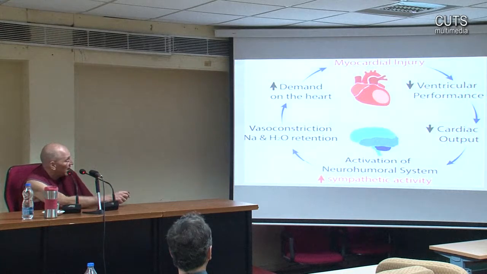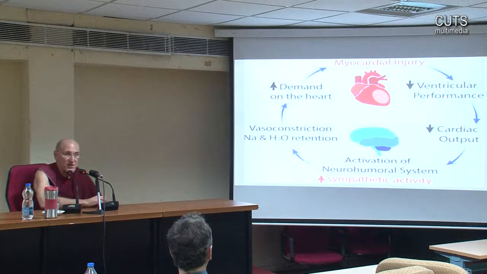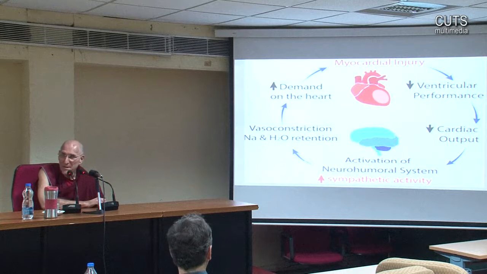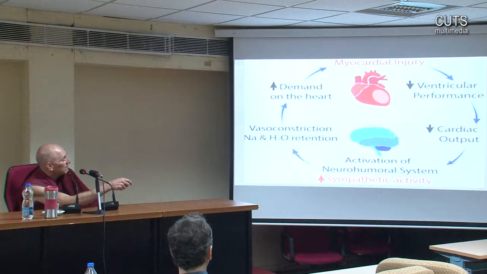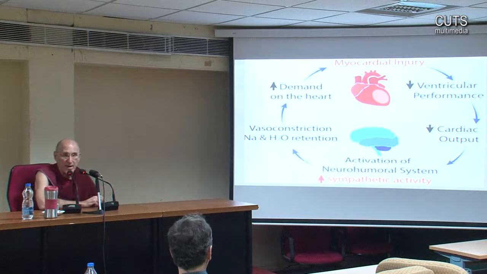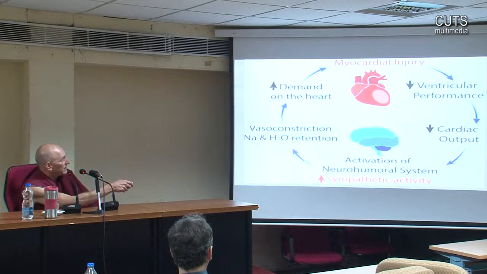And this is the last slide. This is the vicious cycle again, but it's just presenting it from a slightly different perspective. So when we have some kind of injury to the heart muscle, myo means muscle. I don't think we've had that word yet. Myo means muscle, and cardio means heart.